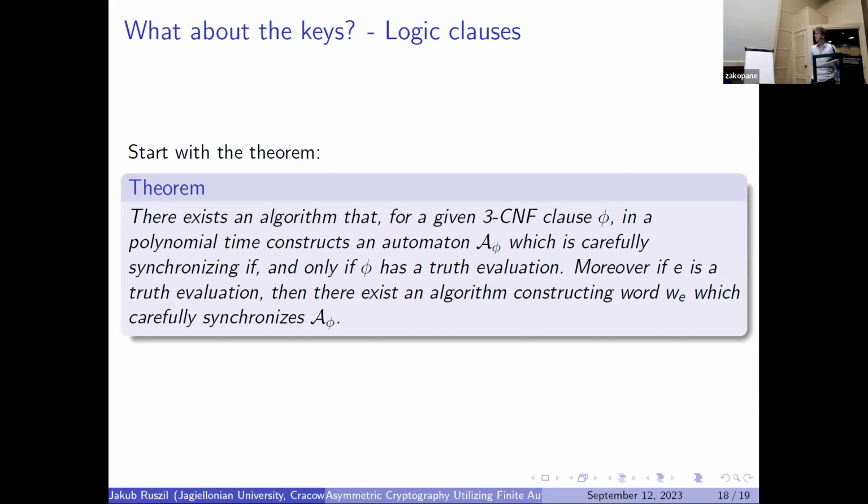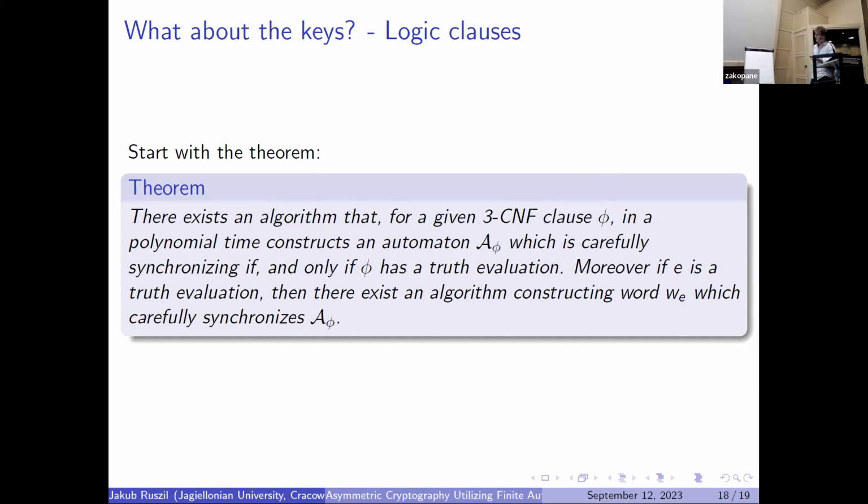So from that NP-hardness, we can deduce a theorem which gives us a hand, because we know that there exists an algorithm that for a given pre-CNF clause phi constructs, in polynomial time, an automaton A phi, which is carefully synchronizing if and only if phi has a truth evaluation.